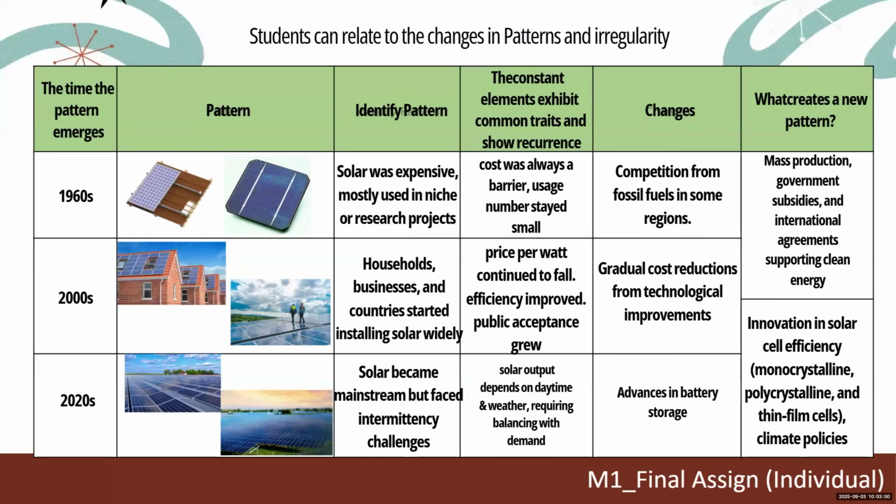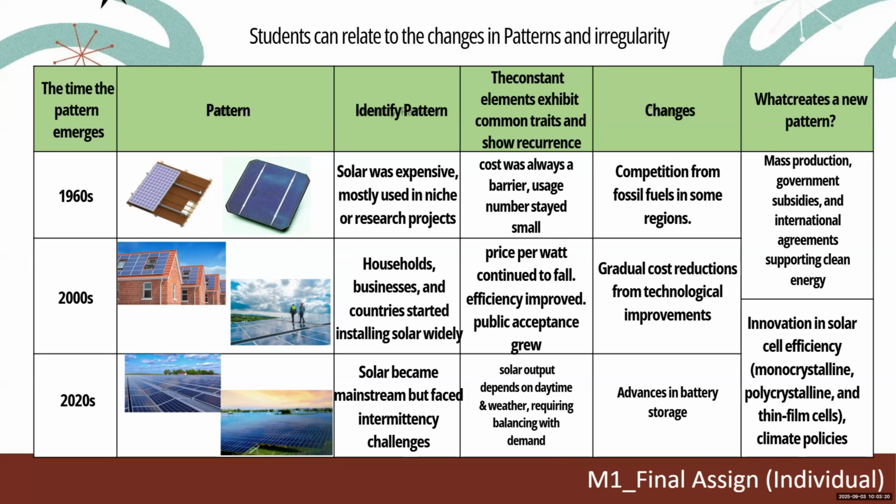At that time, solar was expensive and mostly used in research projects. The constant element that exhibits the common trait is that cost was always the barrier, which kept the usage number small.